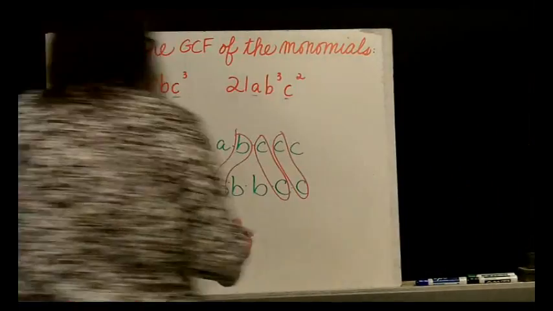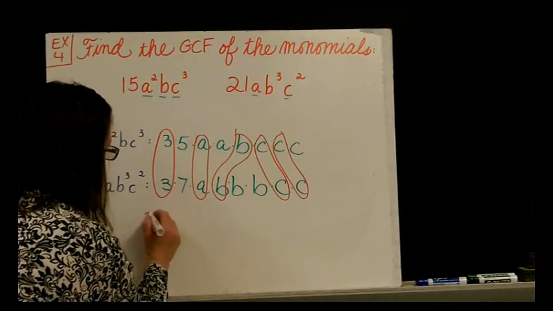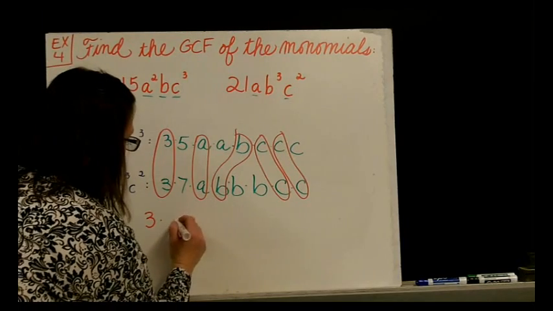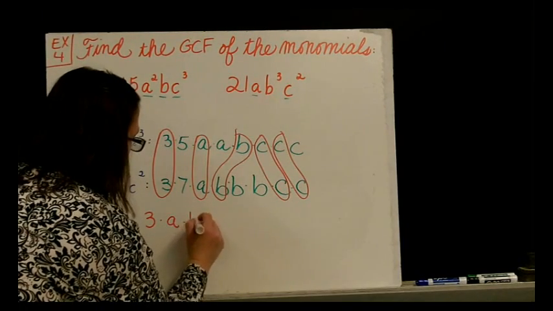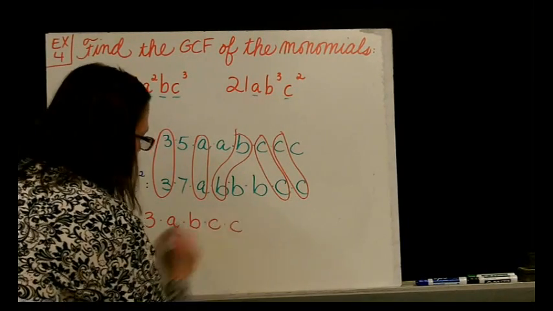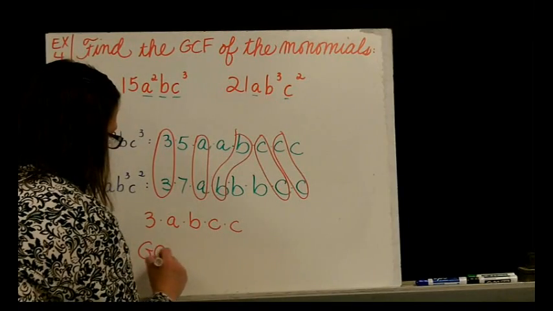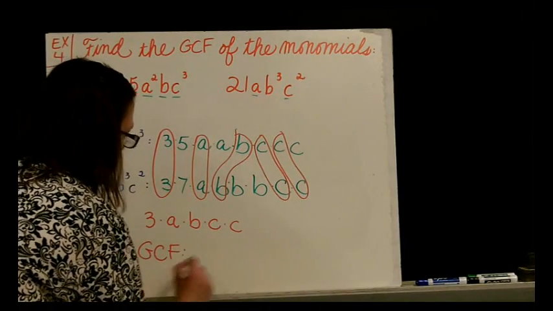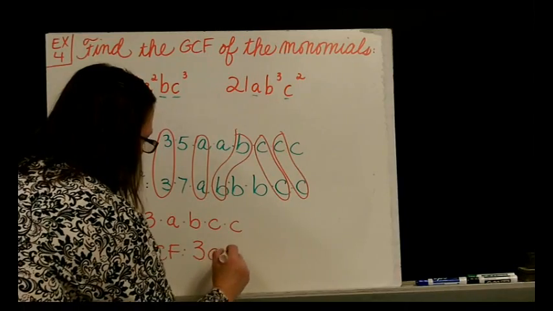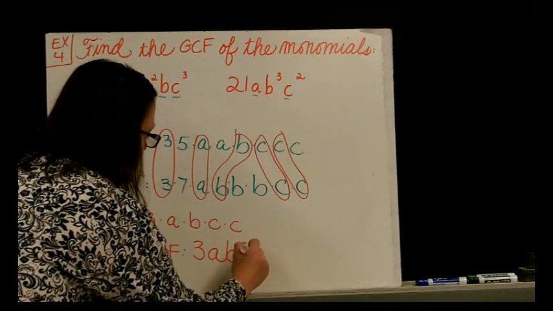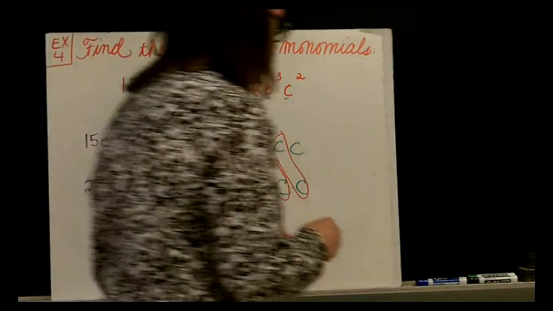And we put those together in an expression. That becomes 3 times a times b times c times c, making the greatest common factor of these monomials 3ab c squared.